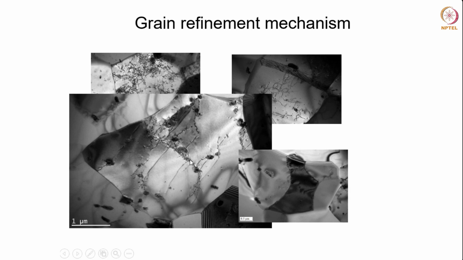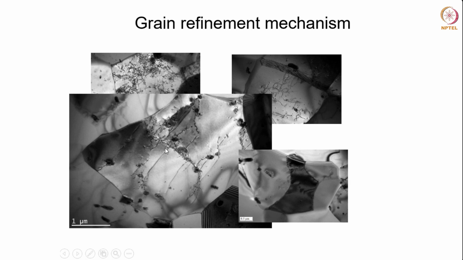This phenomenon is known as CDRX. It is a continuous process of evolution of the boundaries, ultimately leading to grain refinement, because if this boundary grows into a high angle grain boundary, then this grain will be fragmented into two parts across this boundary.